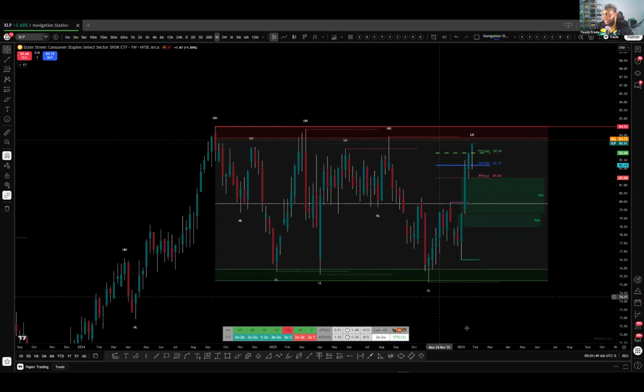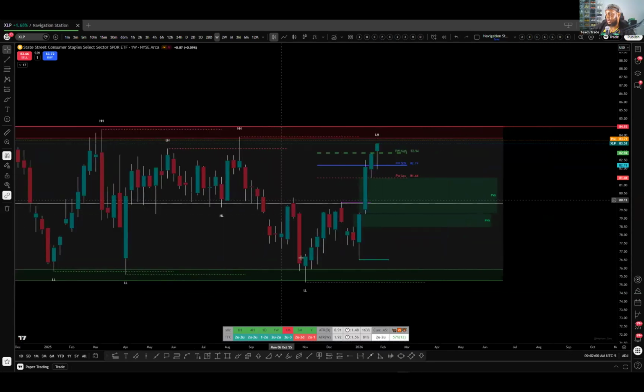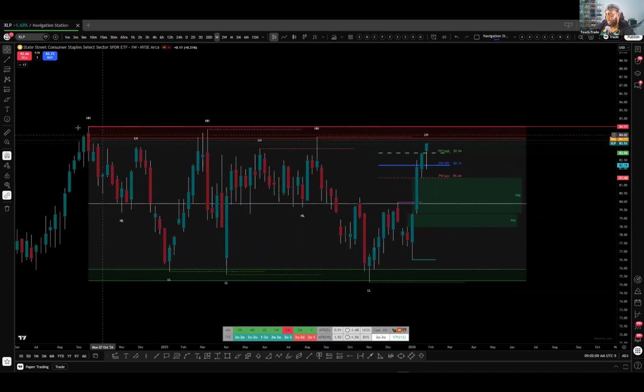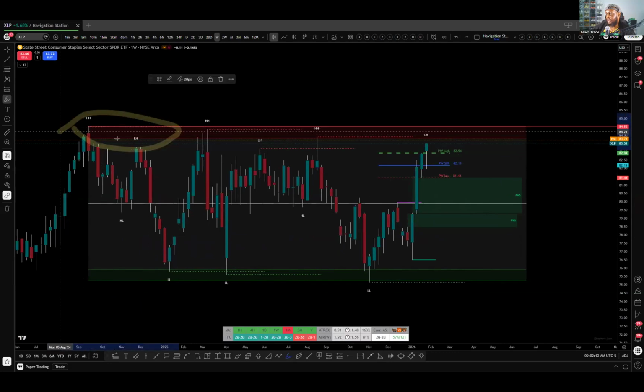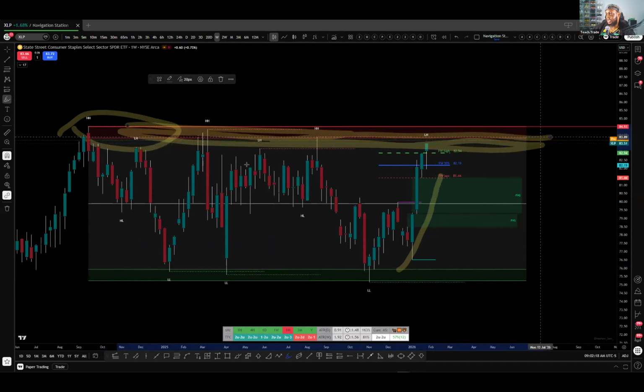People run to the safe havens like consumer staples, and so we see this massive run up, breaking these swing highs right here, where we could have seen even smaller range, and it broke the range, and now it's trying to get through these swing highs. So we might be at an area where price potentially breaks down. So we do want to be mindful that even though we are bullish, this area is considered resistance where price has fallen before.